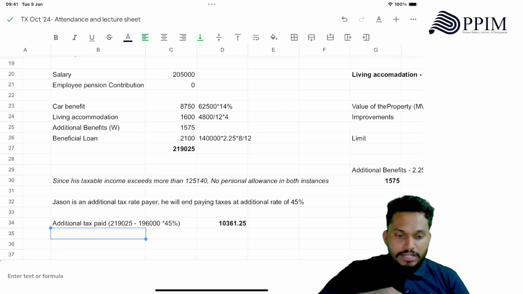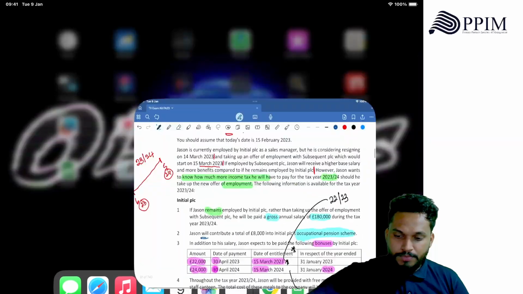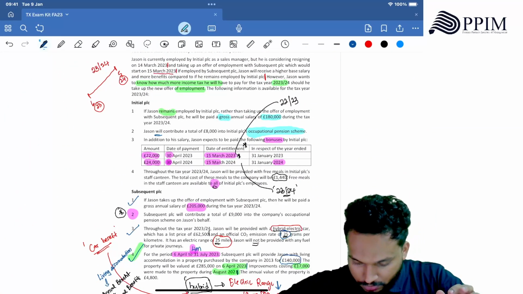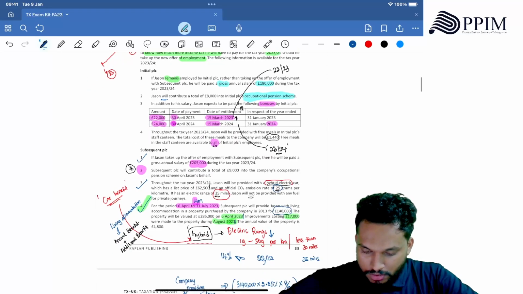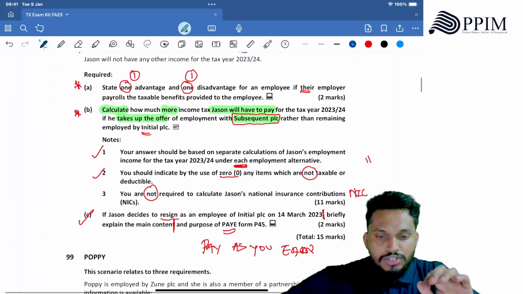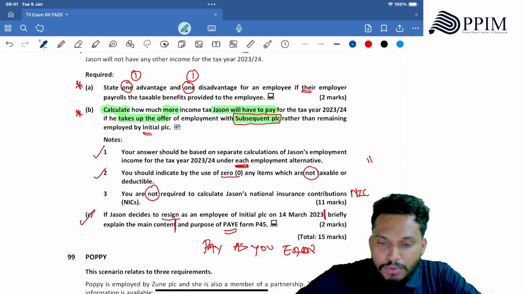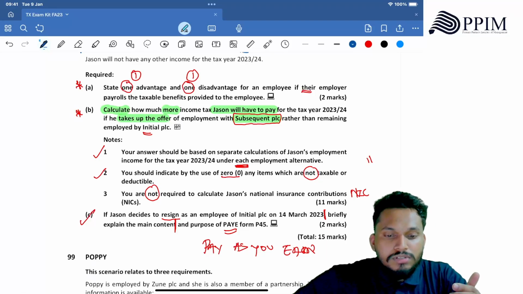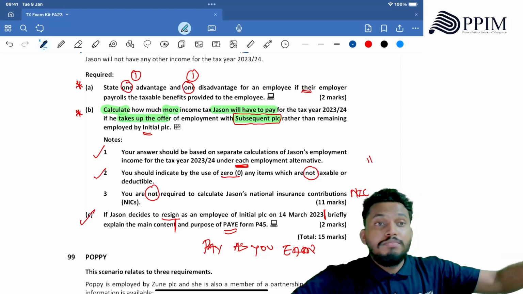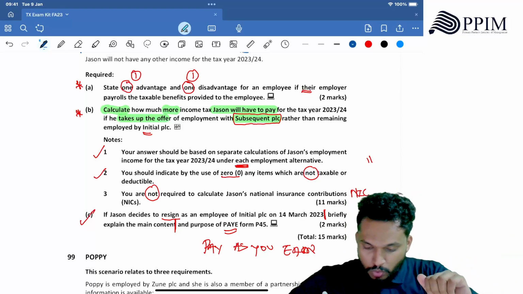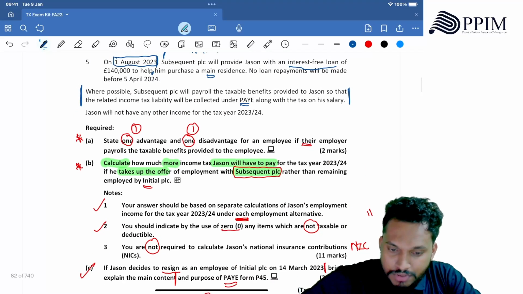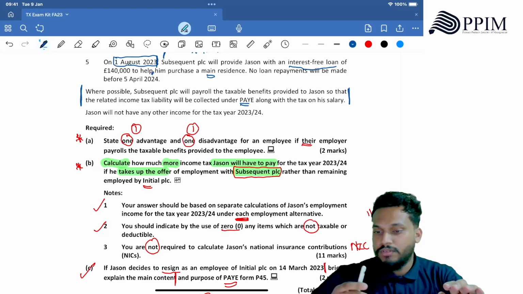Okay, fine. So let's answer the other parts of the question. First one: an advantage and a disadvantage for an employee if their employer pays the tax on benefits. If the employer pays, as in the second scene, subsequent PLC, the employer was paying. So what is the first benefit? Only one benefit. You can tell me.